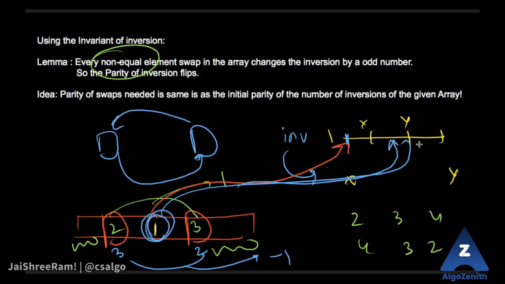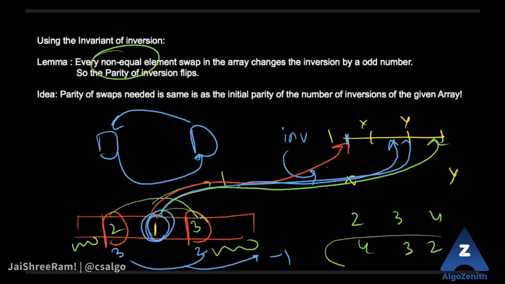And if the elements lie in the last range, swapping these two values again leads to no change, because both of them were smaller, so it was forming an inversion with this element, and even after swapping it will form an inversion with this element.